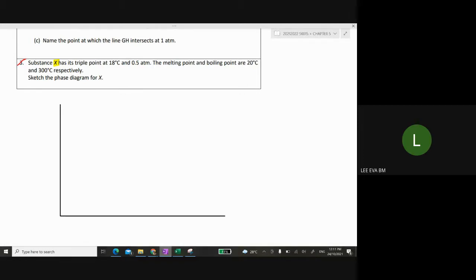No idea, right? So we have to sketch one by one. You have a triple point at 80 degrees Celsius, 0.5 atm. They give you a melting point at 20 degrees Celsius, and a boiling point at 300 degrees Celsius. So sketch the phase diagram of X.